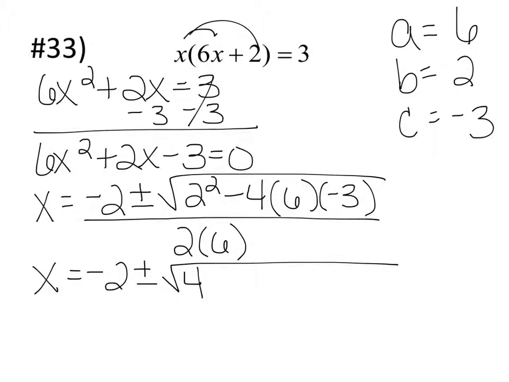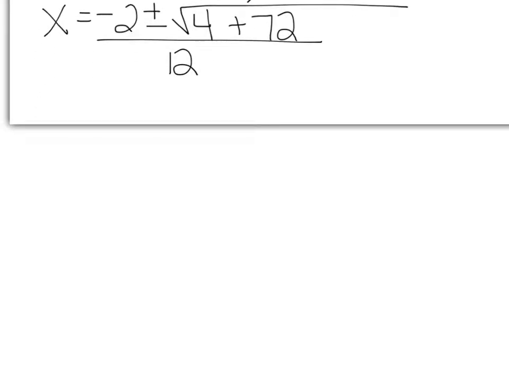Negative 4 times 6 is negative 24. And negative 24 times negative 3 is positive 72. All over 12 because 2 times 6 is 12. So you have x equals negative 2 plus or minus the square root of 76 over 12.